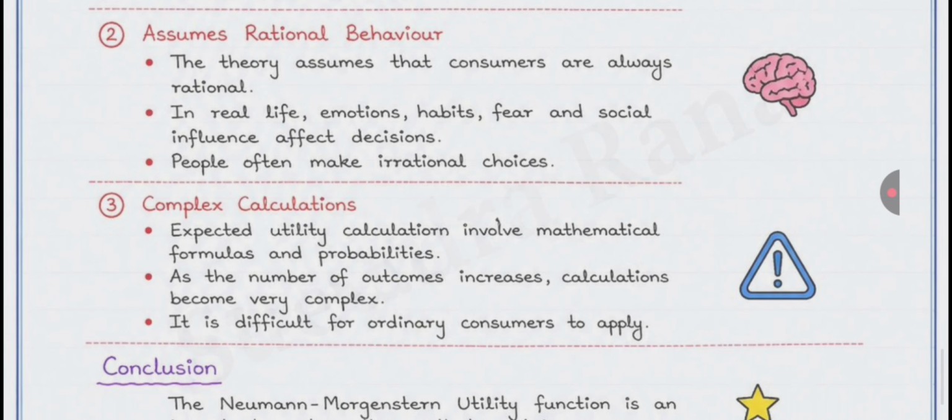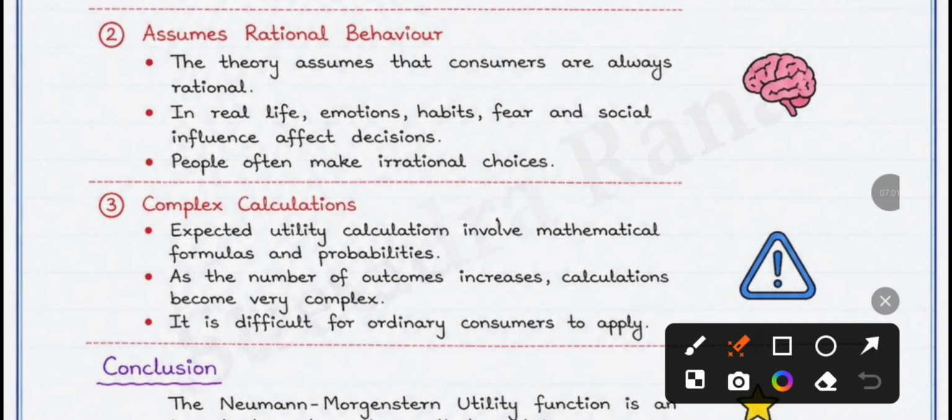The third one is complex calculations. Complex calculation means expected utility calculation involves probability and mathematics.